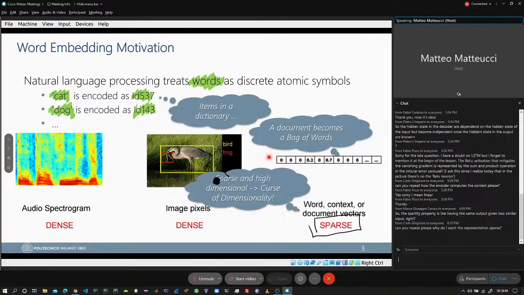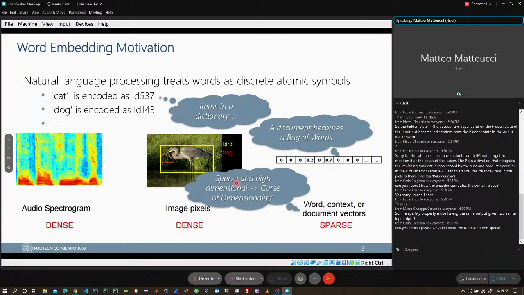As I said, the main problem of one-hot encoding is due to the fact that the space is sparse, and most critically, it has a high dimensionality. It means that to estimate any probability distribution over this space, it takes an exponential memory, an exponential number of parameters, and an exponential time.